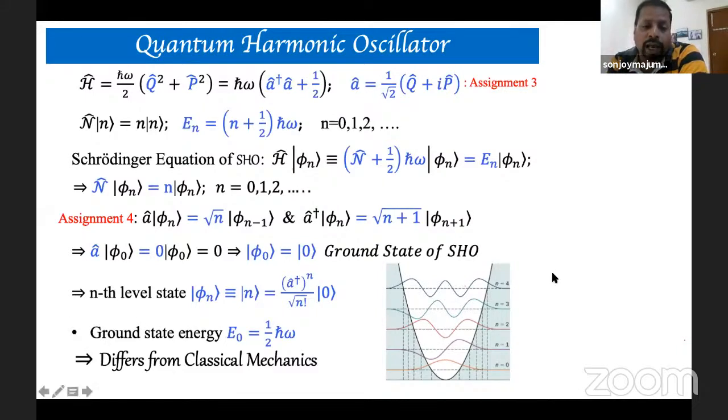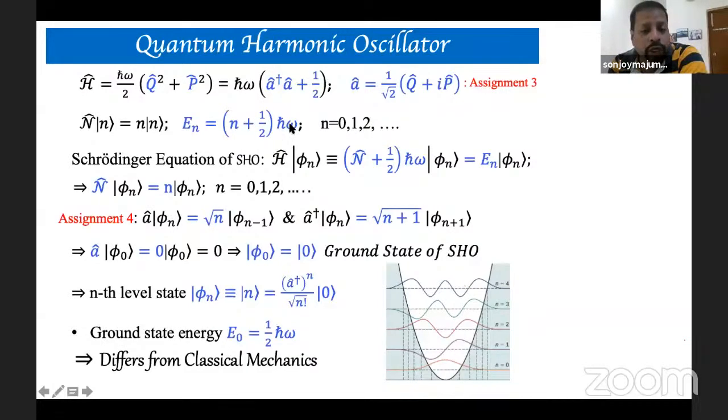Let's see the properties of the ground state. If you put n equal to 0 in the quantized expression of the energies, you will get half h cross omega.